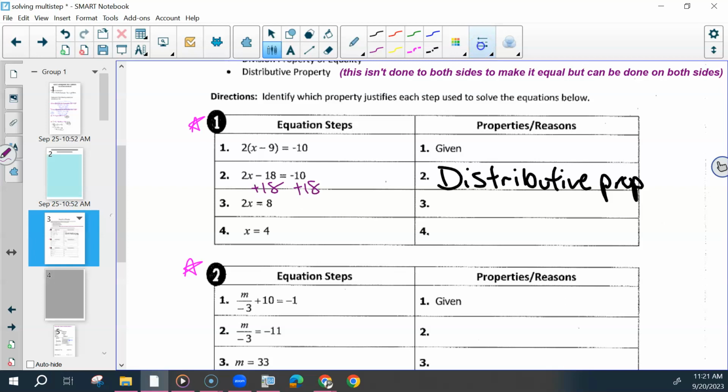So they're doing the opposite. They added. So that would be your addition property of equality. I'm going to show that. Okay, right. All these words. POE for property of equality. Alright, and then step 3 to step 4. Equality.